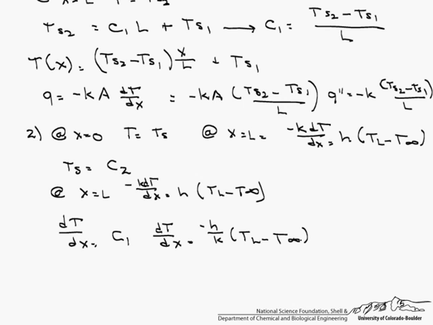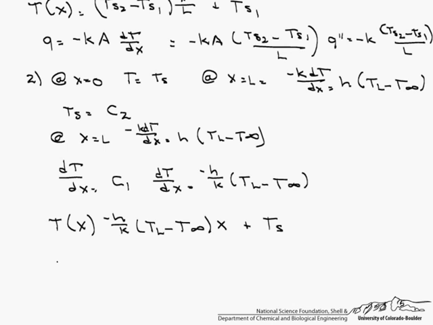So that's going to equal our C1. We go back to our T of x. So our T of x equals minus h over k times T of L minus T infinity, times x, plus C2, which was Ts.